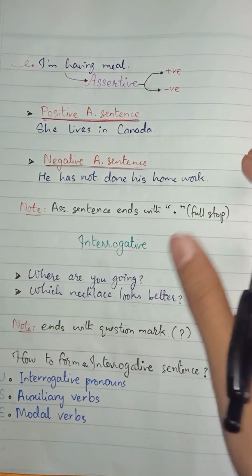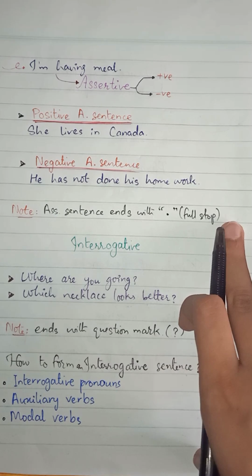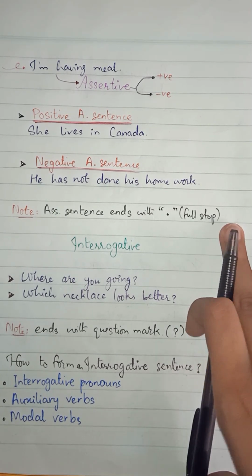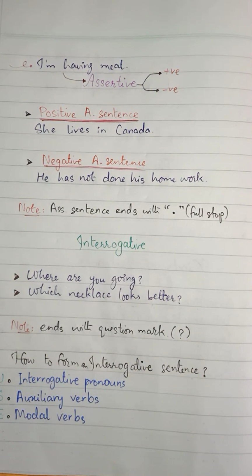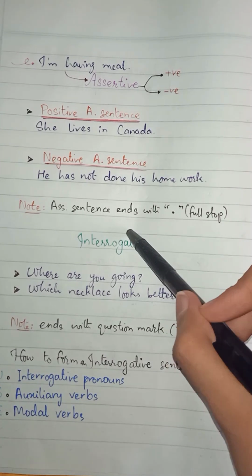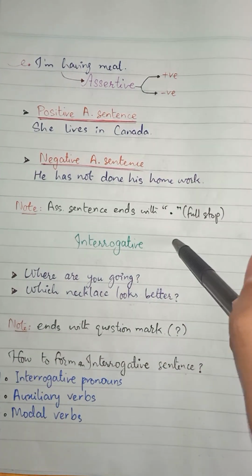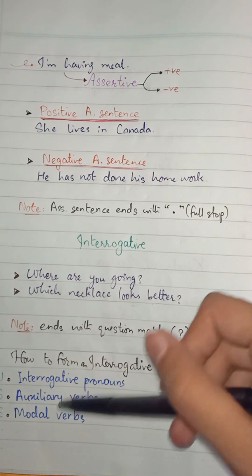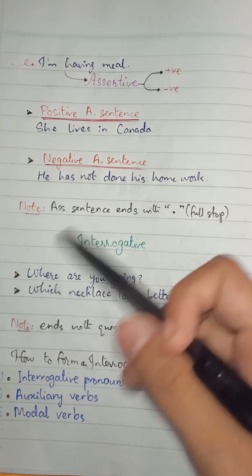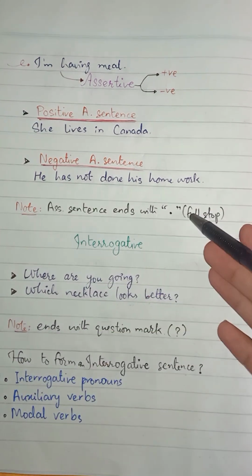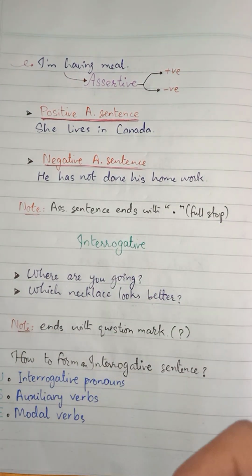So these can be examples of negative assertive sentences. Oh, and one thing to note here is that assertive sentences always end with a full stop. Why? Because they are a declaration, right? They are a statement, and a statement has to end with a full stop, right?